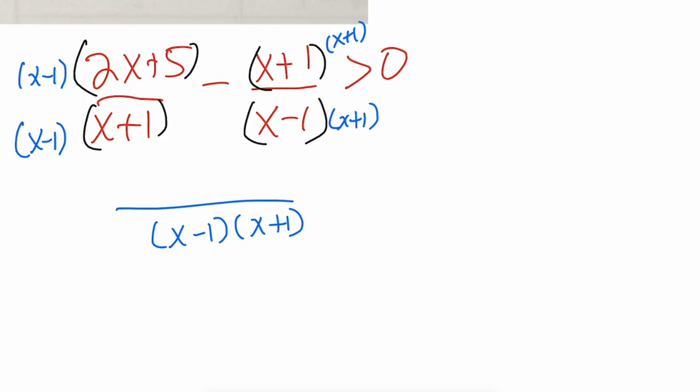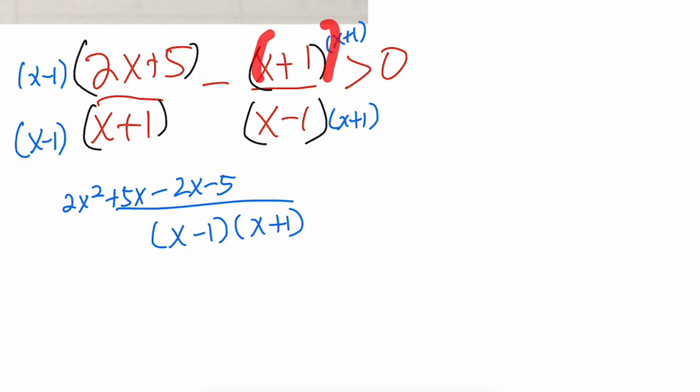X minus 1 times 2x plus 5 is a FOIL. Remember, we got to distribute. If we distribute in the x, we get 2x squared plus 5x. Now we're going to distribute the negative 1. We get negative 2x minus 5. Now, if you can do all that in your head, go for it. Now, what I'm going to do here is, you can do it 2 ways.